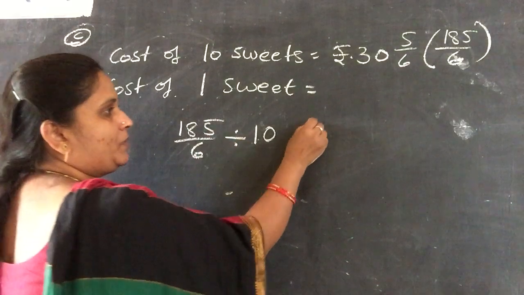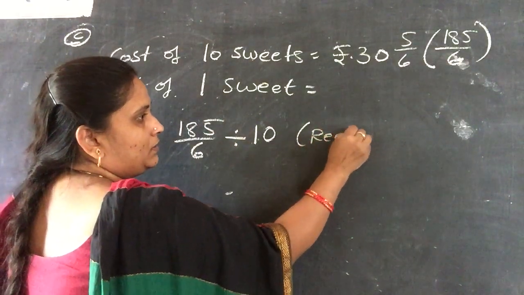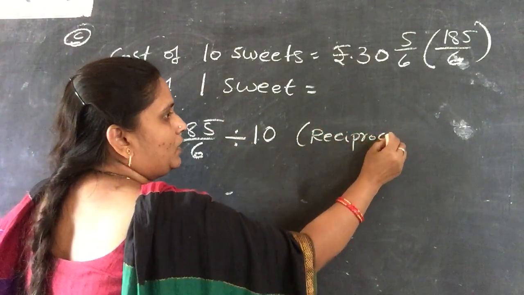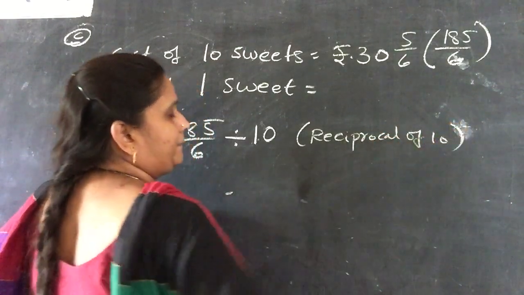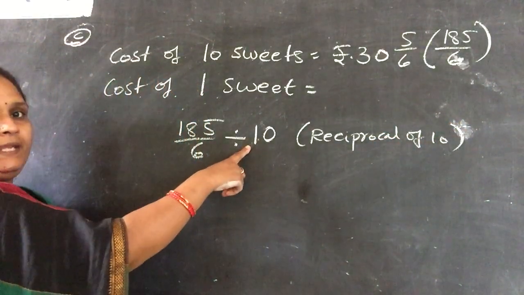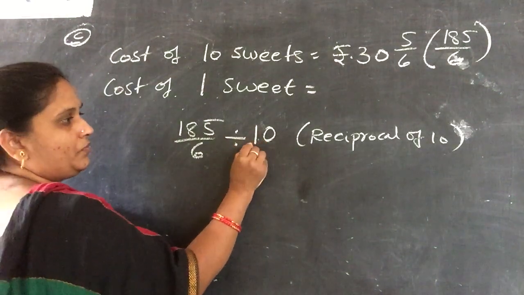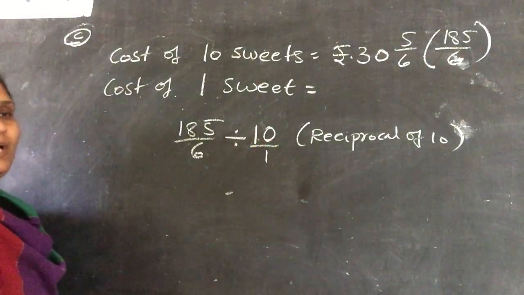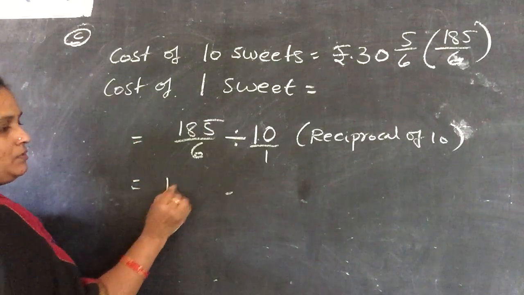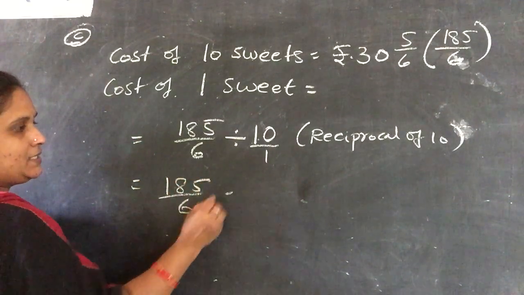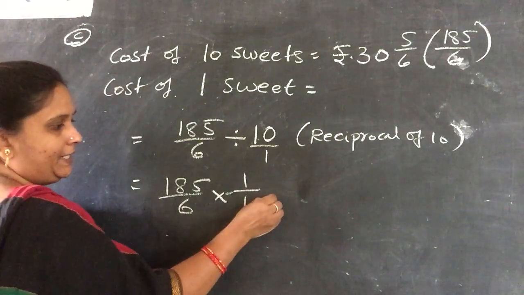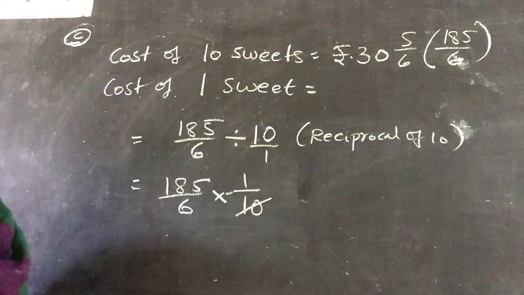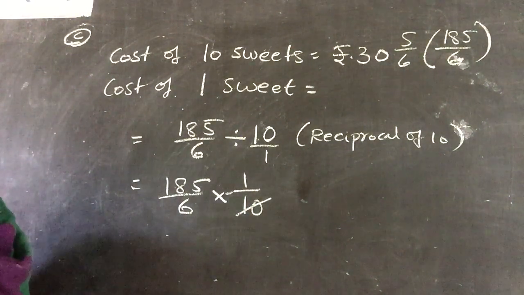Now take the reciprocal of 10. As there is no denominator for 10, we have to write 10 by 1. Then what do you have to do? 185 by 6 into 1 by 10. Okay, in the 10 table, you have to do the simplification.